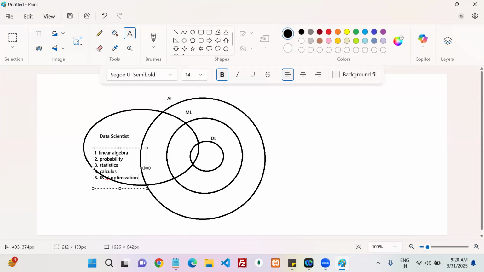Linear algebra. Can anyone tell me what kind of concepts we are going to use in linear algebra? Do you know the terminology vectors? Do you know about the matrix? Yes or no? These all come under linear algebra only.